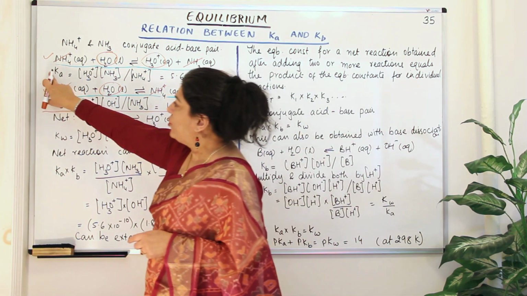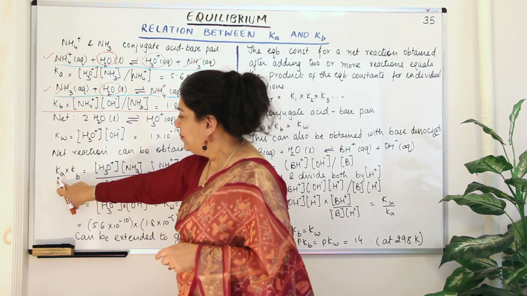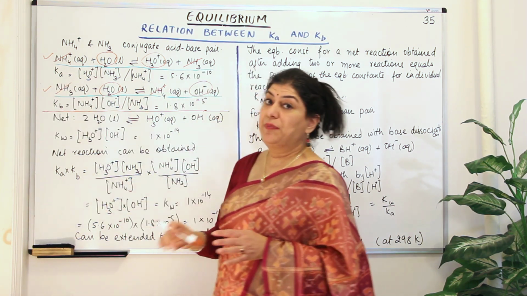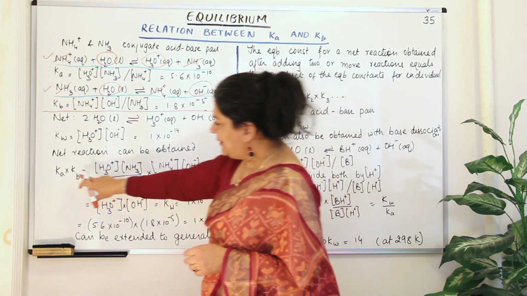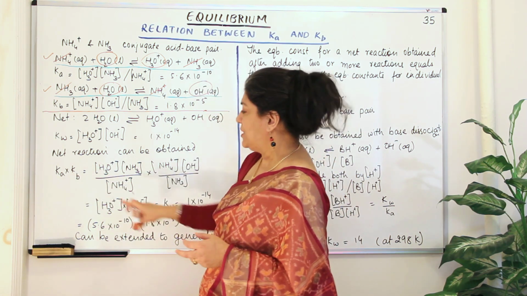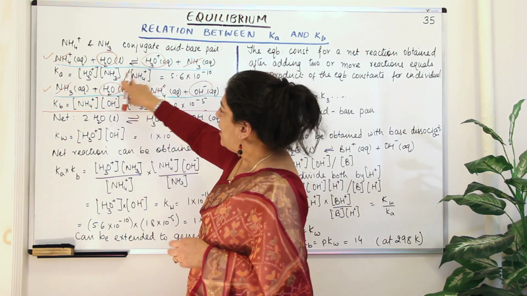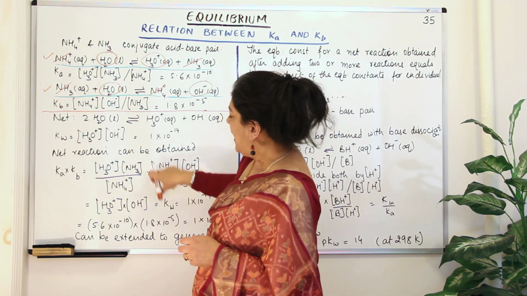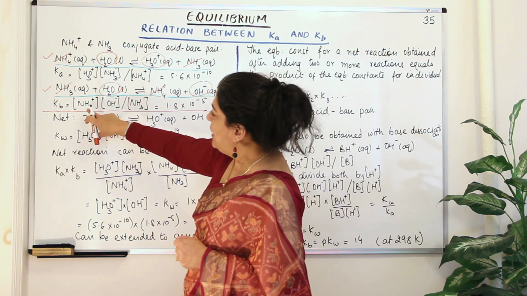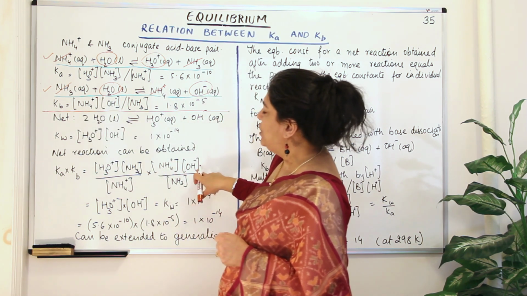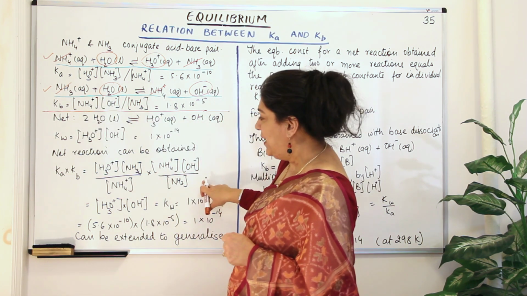So if we take these values, let us see what would be their relation. If you find the product of Ka and Kb, Ka into Kb can be represented by the net reaction. Ka is H3O positive into NH3 upon NH4 positive. And Kb is NH4 positive into OH negative upon NH3.